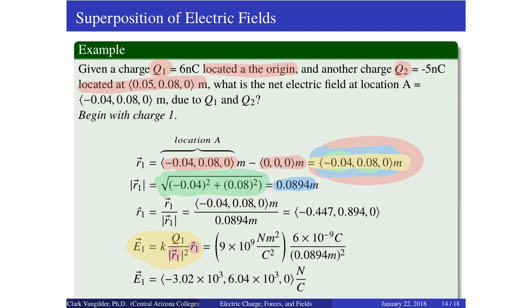Here's the vector, bam. Here's the magnitude, bam. Divide them, bam. Now we have the unit vector, which is important because here it is. I need the unit vector. I need the magnitude.